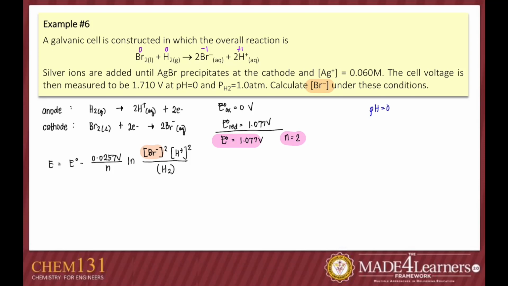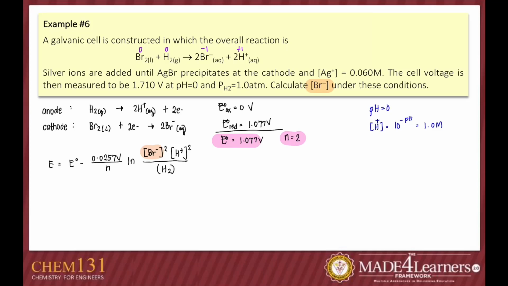H plus is equal to 10 to the negative pH. And what is 10 to the power of 0? That's just equal to 1, right? So 1 molar is the concentration. So we're going to substitute everything in the equation.